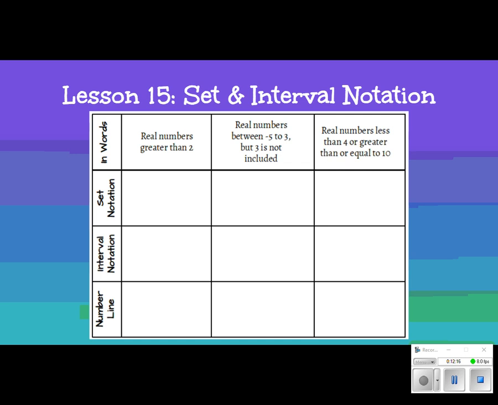We're going to actually kind of skip down. We're going to draw it on the number line, and then we'll do the interval notation. And we'll compare, and that's the reason why they're together, we'll compare the set and the interval notation. So I really highly recommend you make a table like this in your notes so that you can go back and you can look at it later.